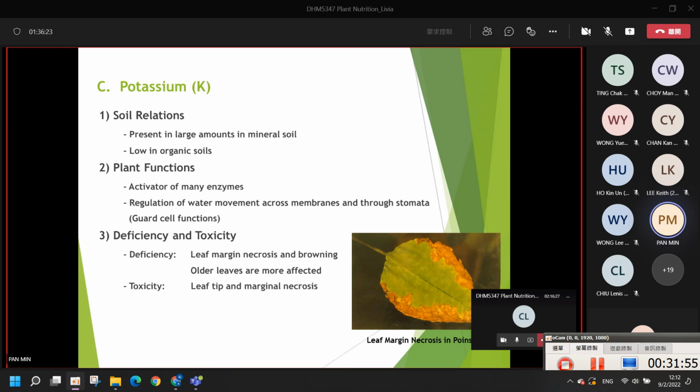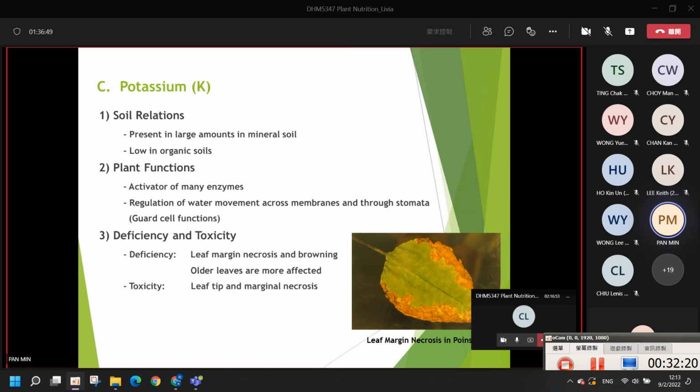The scorching and the curling of the leaf tips, as well as chlorosis between the leaf veins. The purple spot may also appear on the leaf underside. And the plant growth, root development, and the seed and fruit development are usually reduced in potassium deficient plants.